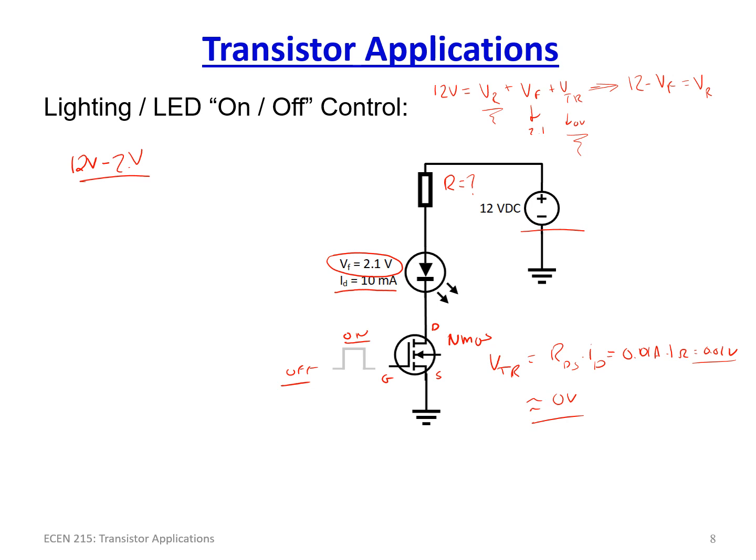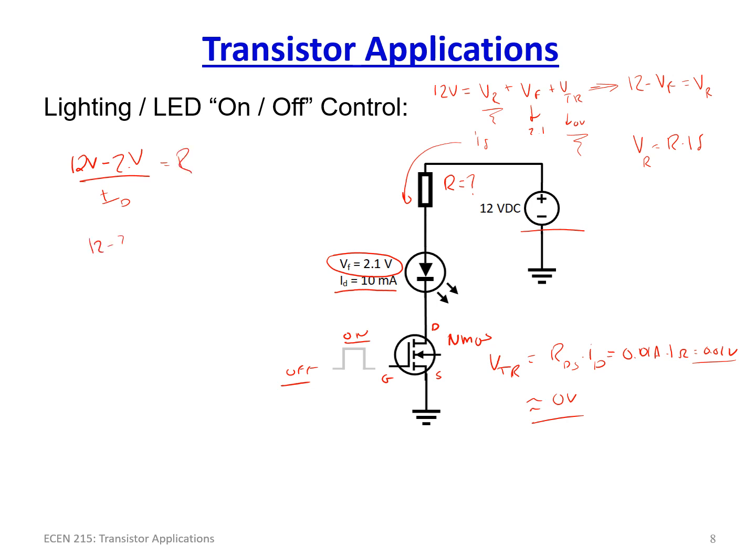So VR is equal to R times I, in this case ID, because that's the only current flowing here. So we need to divide this by ID to get R. Well, we know what ID is.